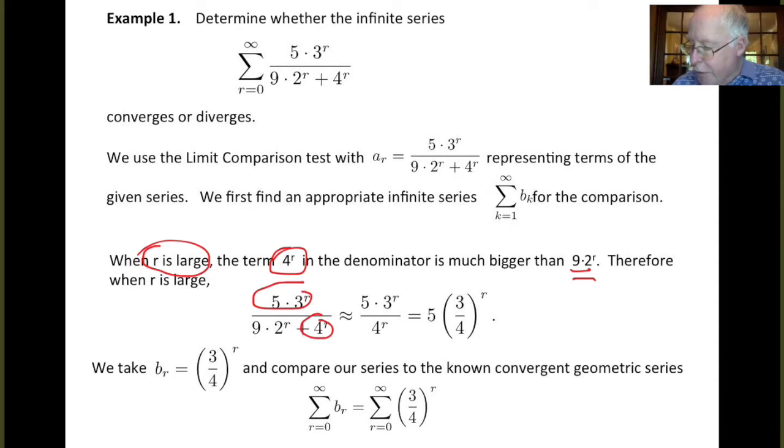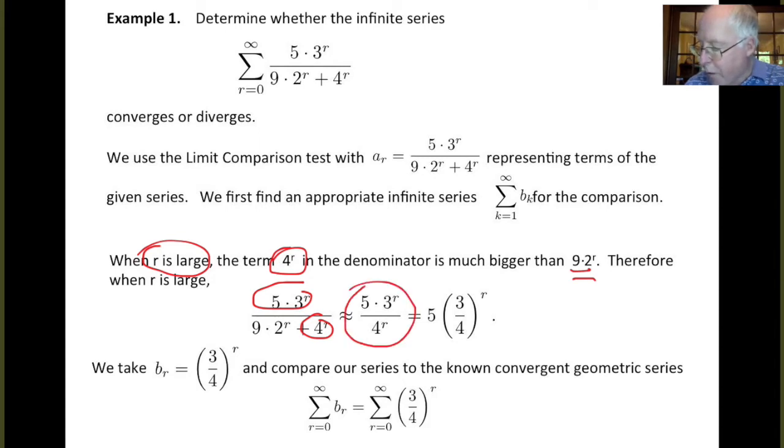that this series should look a lot like, at least when r is large, 5 times 3 to the r over 4 to the r, which works out to be 5 times (3/4) to the r. So we're going to see in this case the 5 isn't that important, so we're going to take for our b sub r the term (3/4) to the r, which is the main term that came out in this comparison.